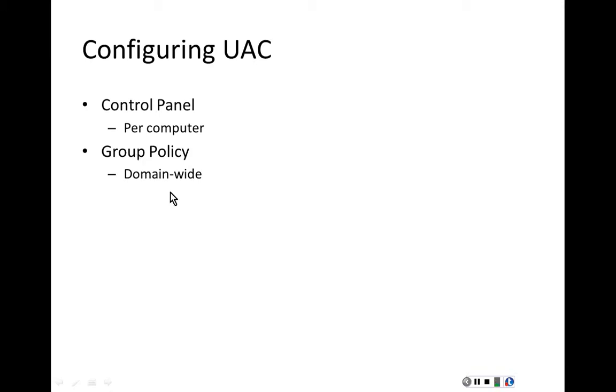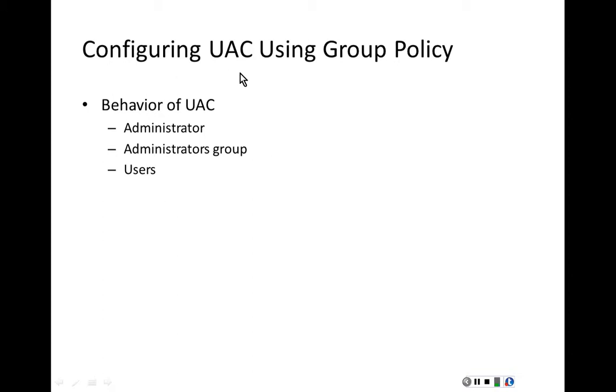domain-wide using group policy. Now, when we configure user account control domain-wide using group policy, what we're doing is we're configuring the behavior of user account control for the administrator, for members of the administrator's group, and for regular users.